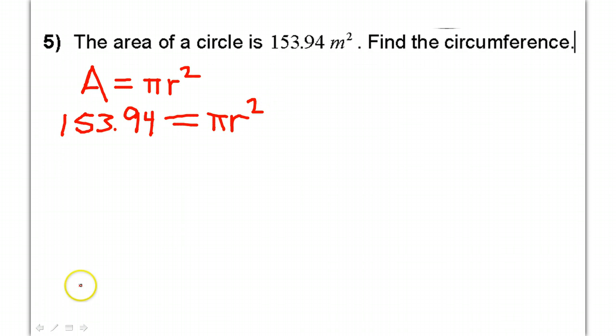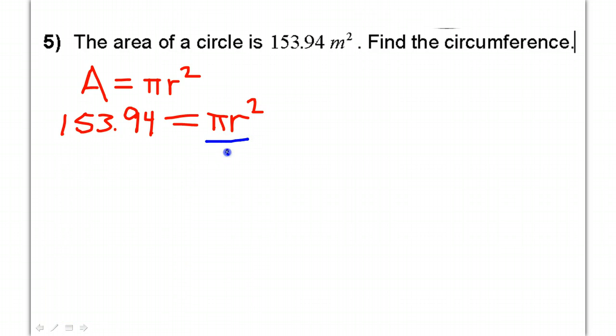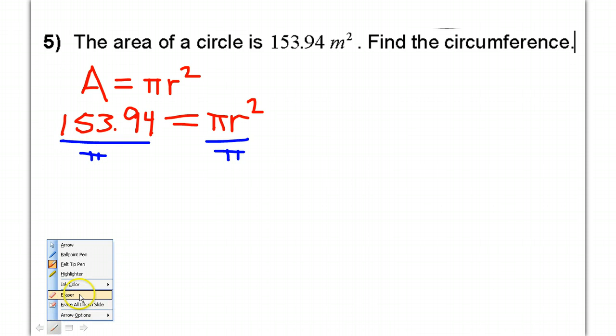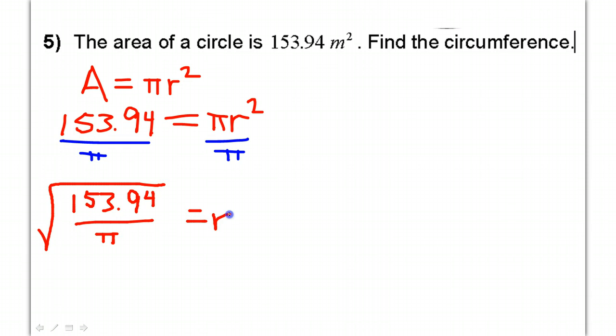That's equal to pi r squared. So then we have to divide both sides by pi. Then we have to take the square root. Alright, so the radius is 7.